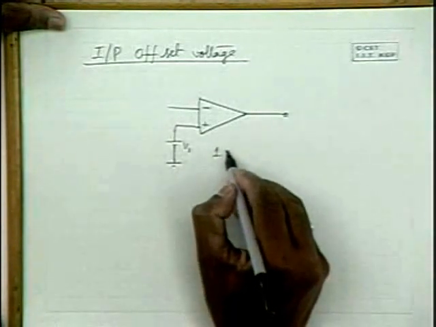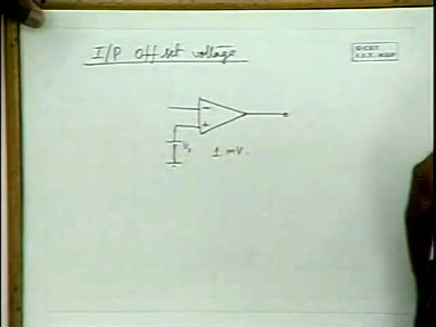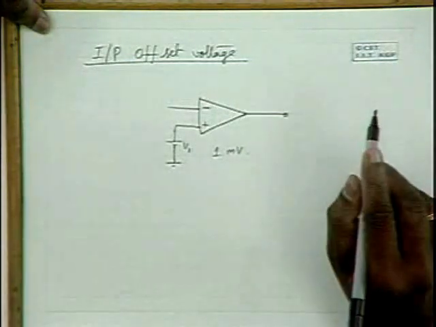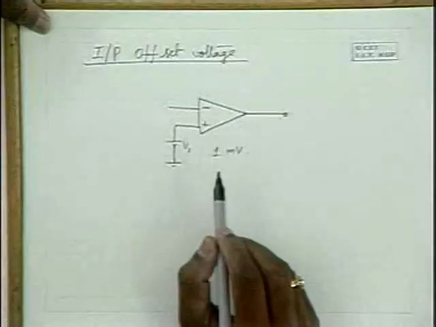It is of the order of a millivolt. This is because of the imbalance between the two transistors you use in a differential amplifier stage. An op amp typically uses 2 or 3 difference amplifier stages, and if the two transistors in the difference amplifier stage do not match with each other, we have some difference in the gains, and some difference in the input currents also. Because of which we have an input offset voltage.